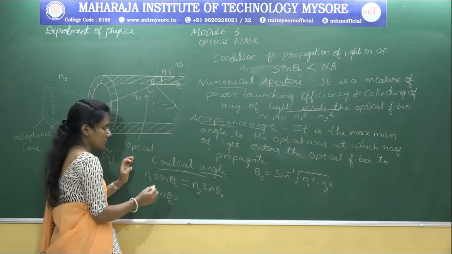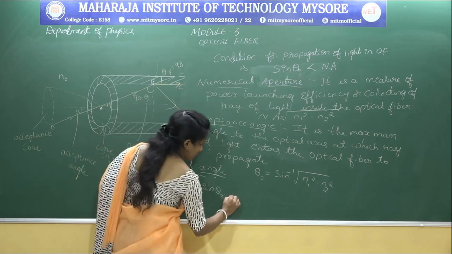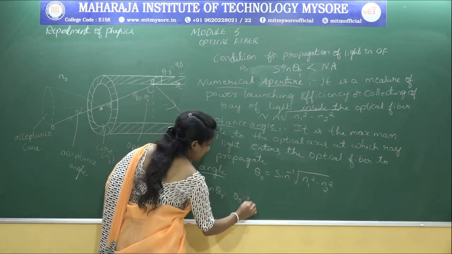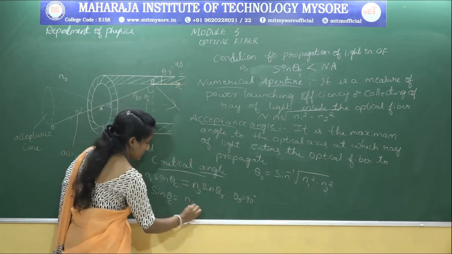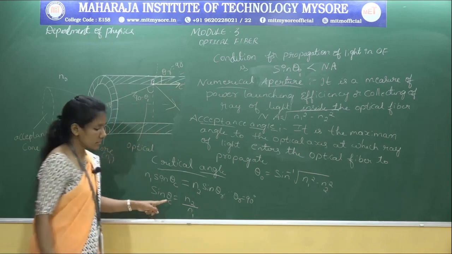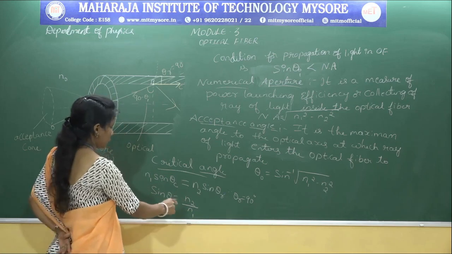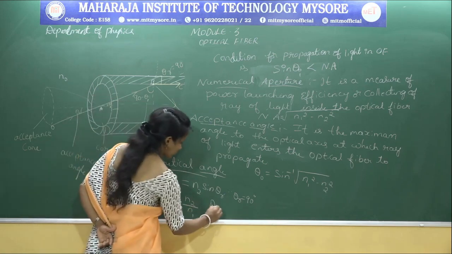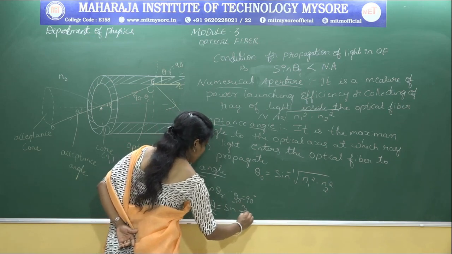The angle of refraction theta r is equal to 90 degrees, and sin 90 degrees is equal to 1. So, this will become n2 by n1. So, theta c is equal to sin inverse of n2 by n1.